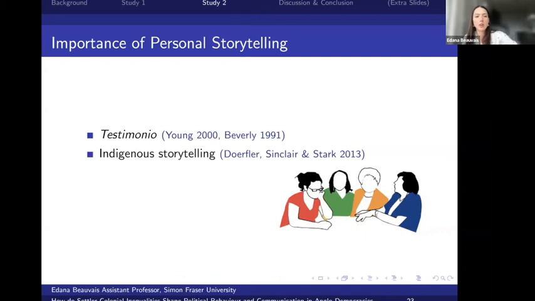Indigenous theorists also talk about the importance of Indigenous storytelling for Indigenous communities. The citation here is related to Anishinaabe storytelling. There's a distinction between sacred narratives and more personal stories, and what I'm looking at in this research is the personal storytelling.